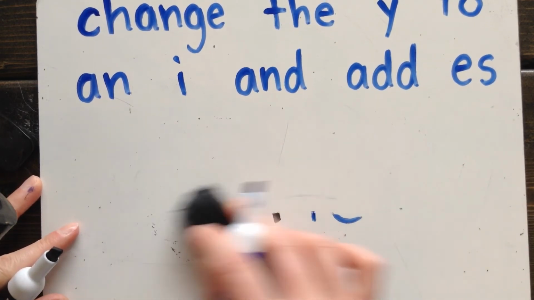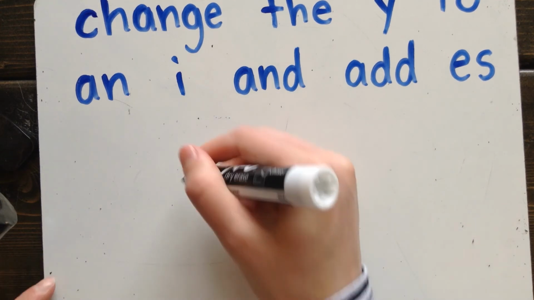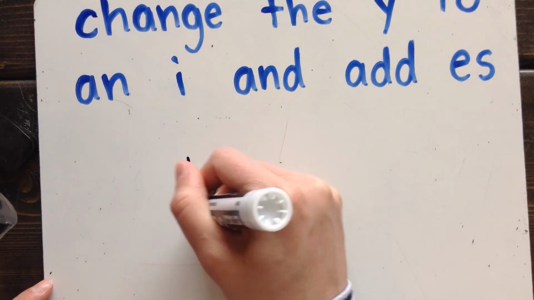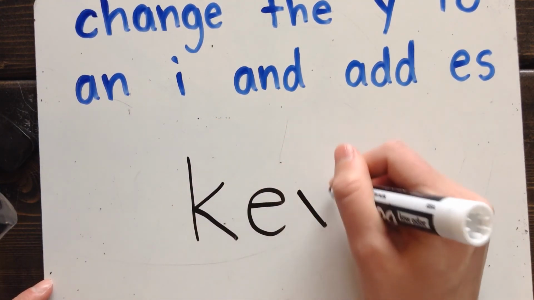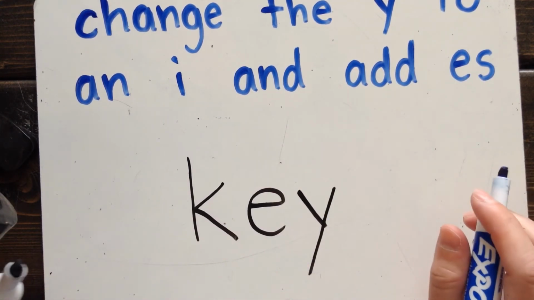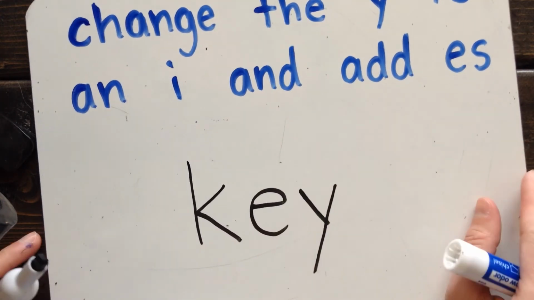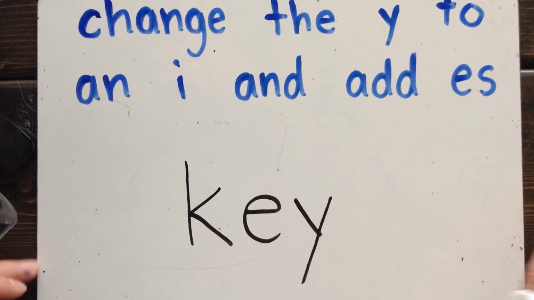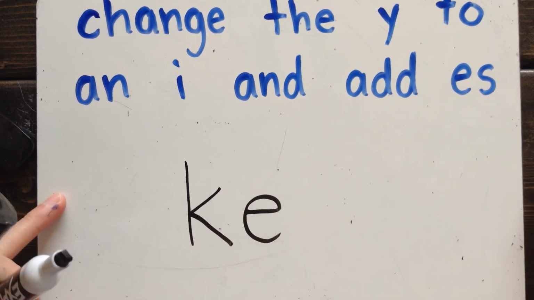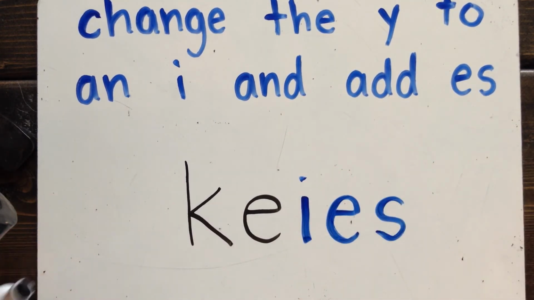Be careful with this rule because there is an exception. This is the word key. This is a singular noun. There's one of this thing. Now, if you follow the rule we just practiced, change the Y to an I and add ES, this is not correct.